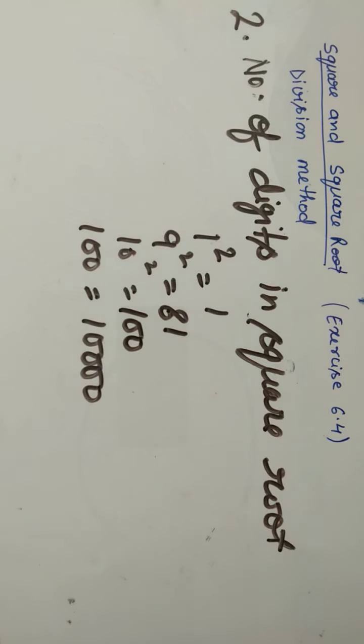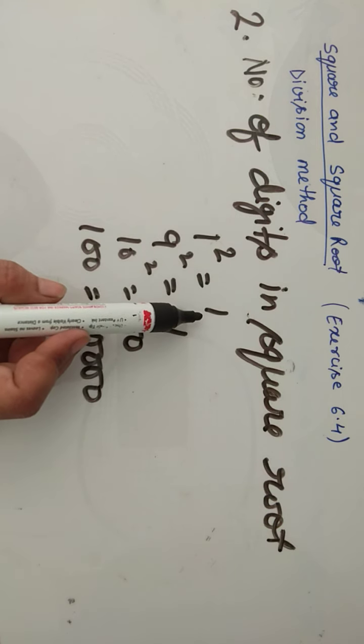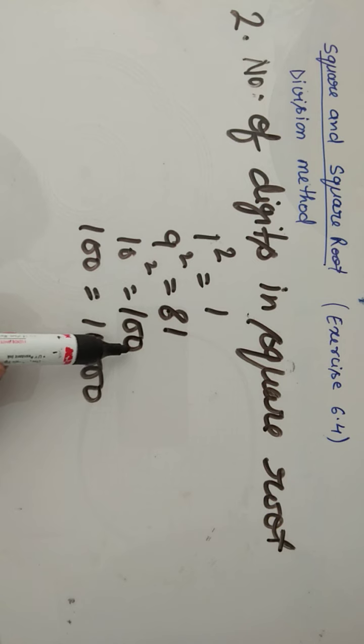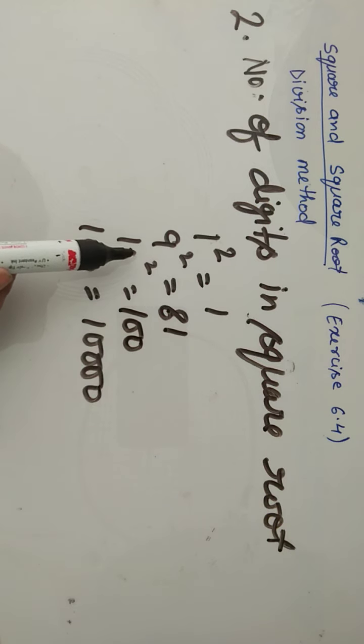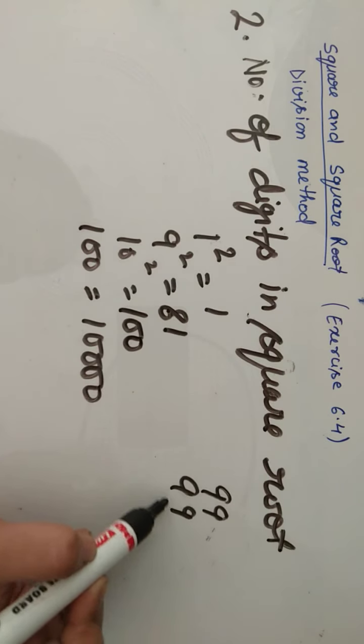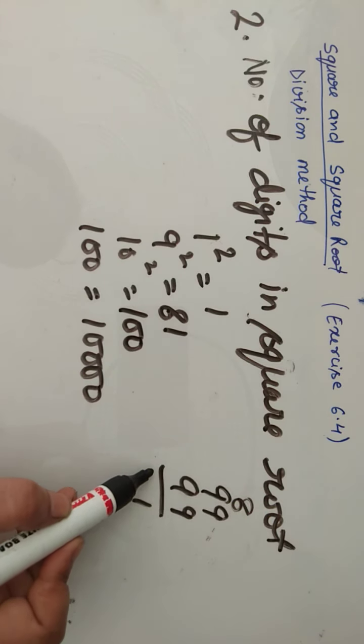Now compare the numbers. For 1 we have 1 digit. For 2 we have 1 digit. For 3 we have 2 digits. Okay, now check one more, for 99. 9 9s are 81, 9 9s are 81.